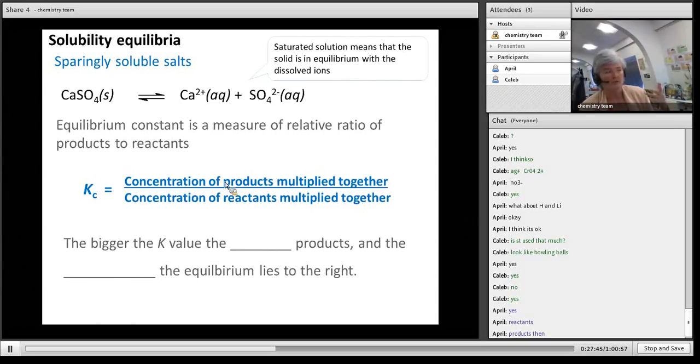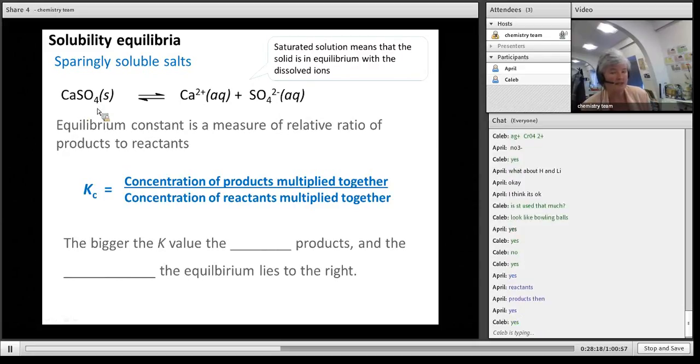To get a big number over here. Yep, so it's products. So, you know, 2 over 1 is bigger than 1 over 2. So if I have more products, my K value gets bigger, so the more the equilibrium lies towards the products, then I've got a big K value, but the more the equilibrium lies to the reactants, then I'm going to have a smaller K value.